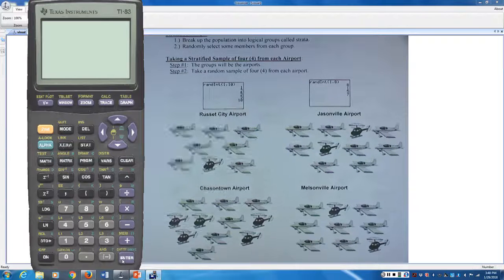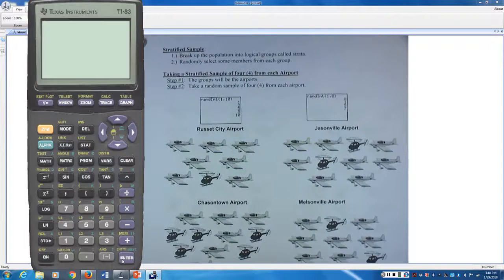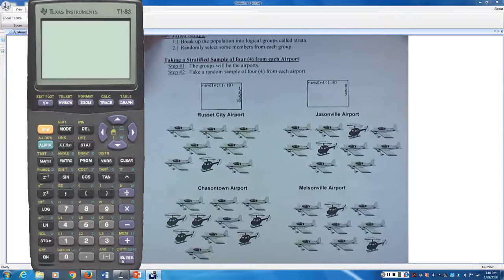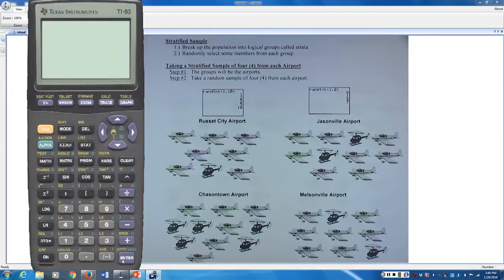Now we're going to take an actual stratified sample, which is not what we've done before. Stratified means that you divide your population into logical groups. If I'm sampling aircraft, a logical grouping would be the airports that those aircraft fly out of.